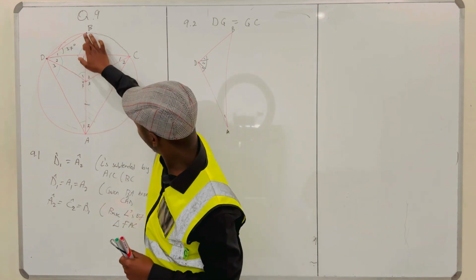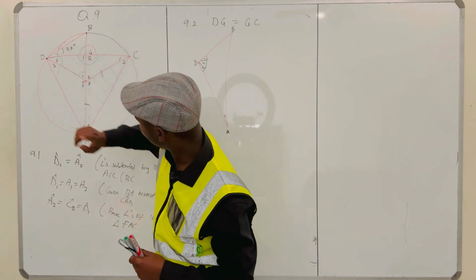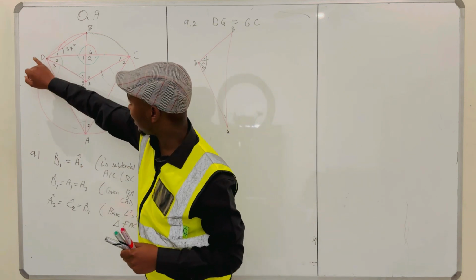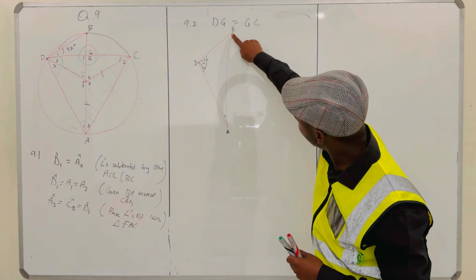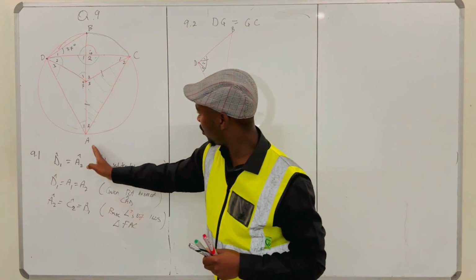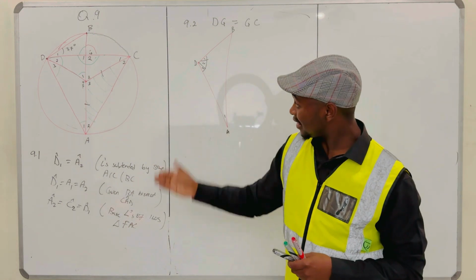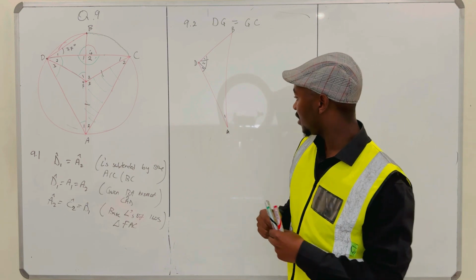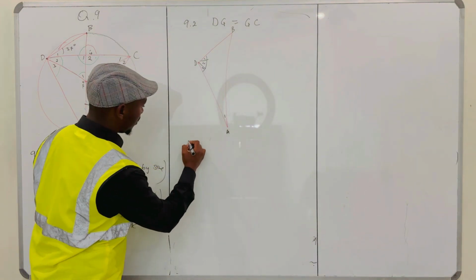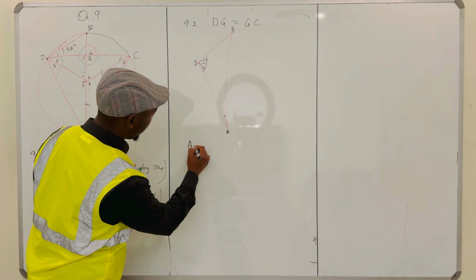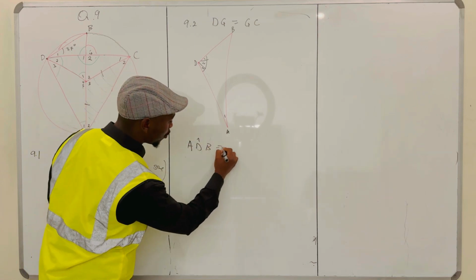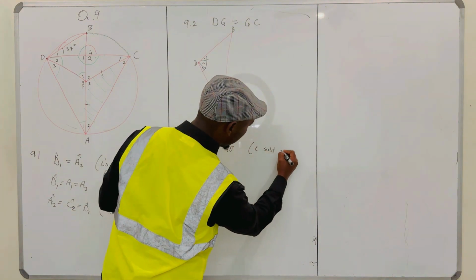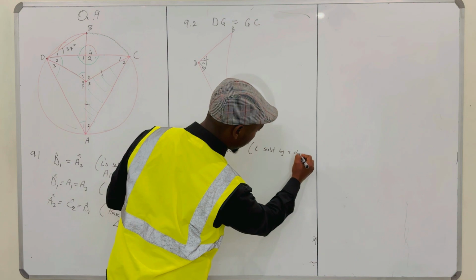So if you look at this bigger triangle here, that's where we see that we have a fighting chance because we have an angle here that is at the center, which I'm going to prove now. Look at the line AB. If that is a diameter, it means this whole angle ADB is equal to 90 degrees because it is an angle subtended by a diameter.